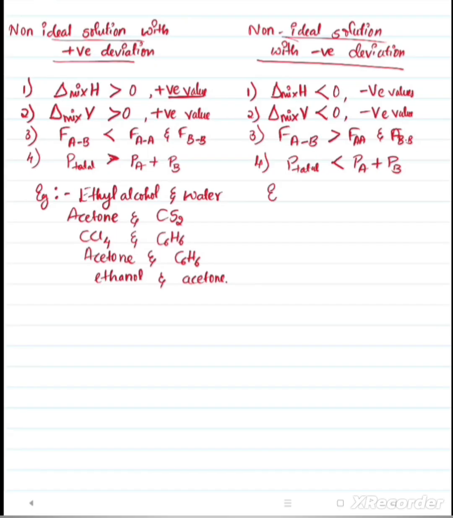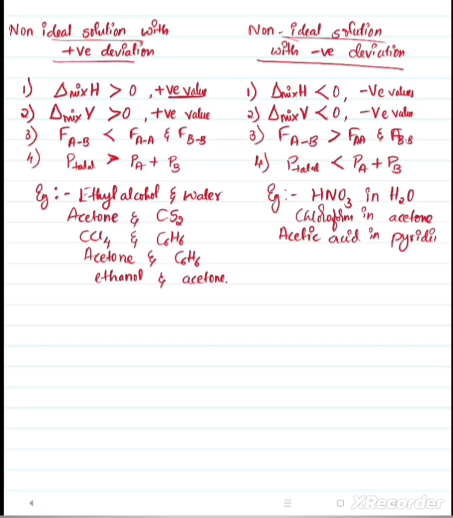Then examples for negative deviation, that is HNO3, nitric acid in water, then chloroform in acetone, or acetic acid in pyridine, HCl, hydrochloric acid in water, phenol in aniline.